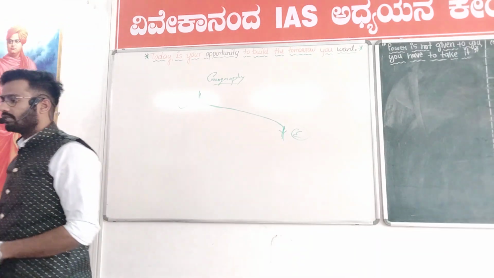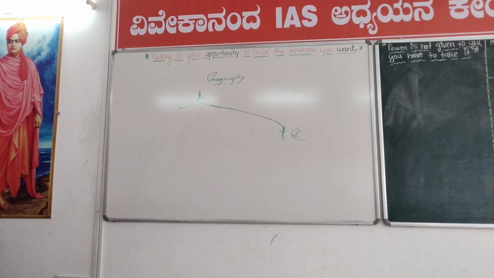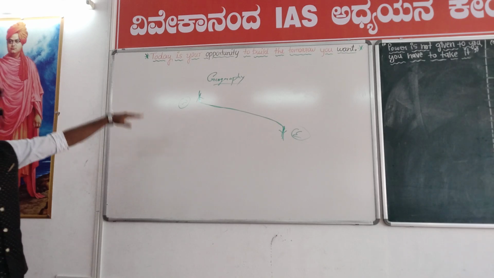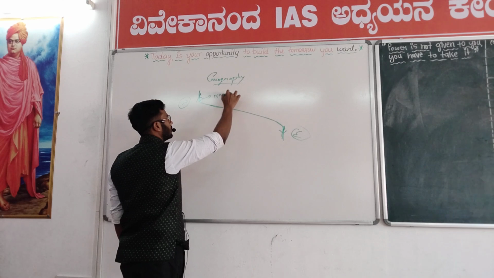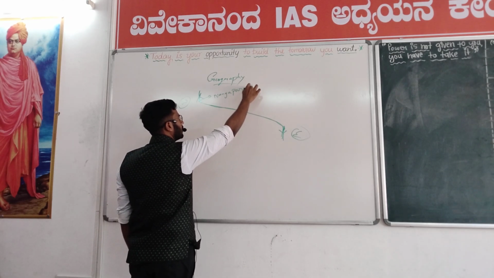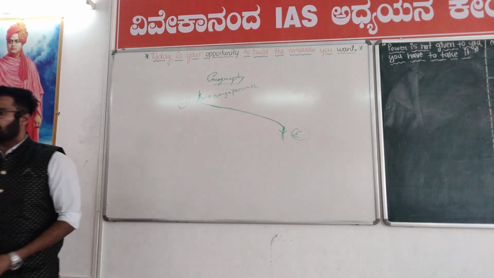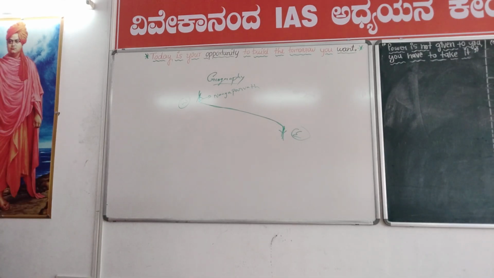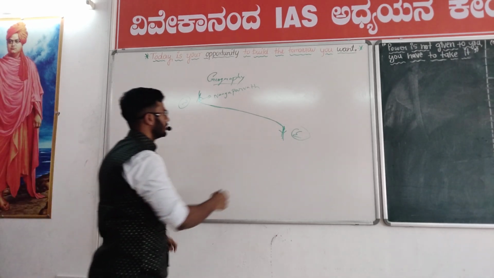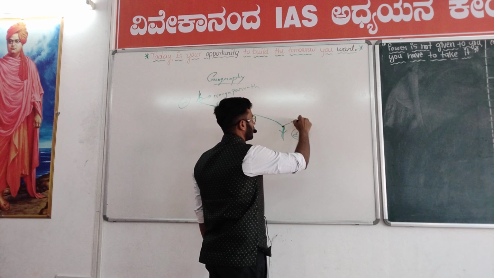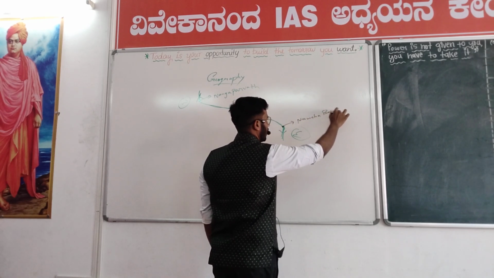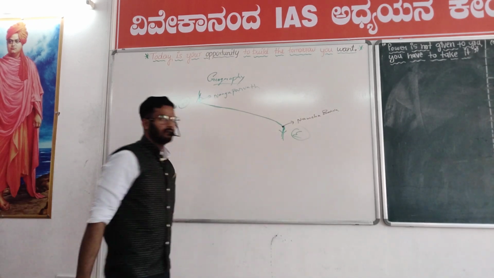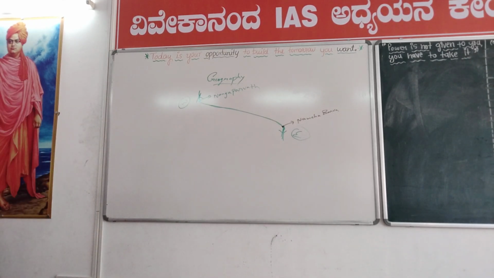The place in which it bent towards north is called Nanga Parvat. And the place where Himalaya bent towards south is called Namcha Barwa. These are the two places.